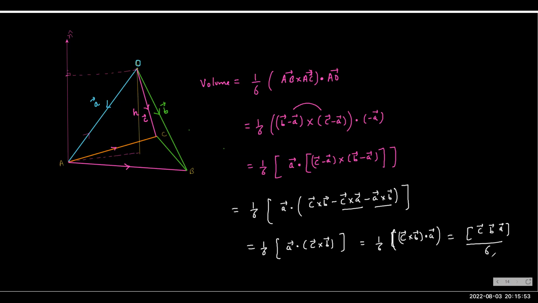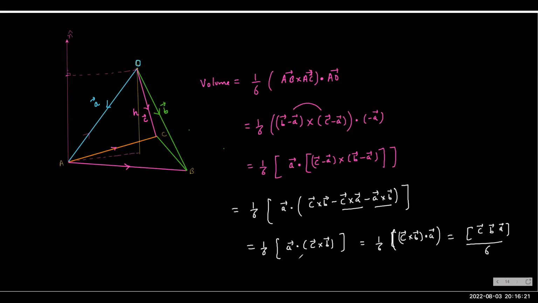So basically, if you take one vertex as the origin, and if you denote the vectors for the remaining 3 vertices as A, B, C, the volume of the tetrahedron you can write like this. Fine.